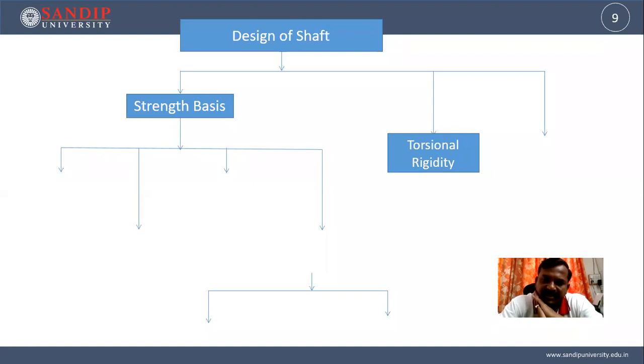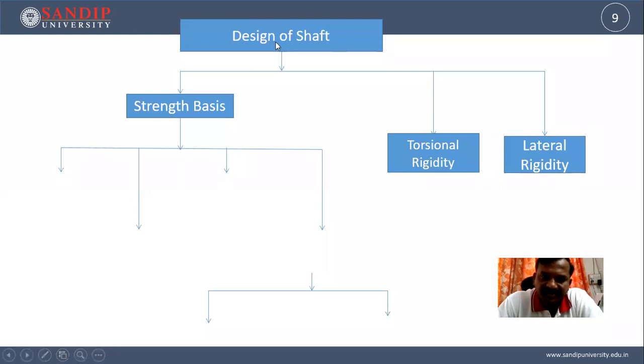There we design the shaft for torsional rigidity, and where more axial loading is there, we go for lateral rigidity. So the design of the shaft will be based on strength, on torsional rigidity, and on lateral rigidity.